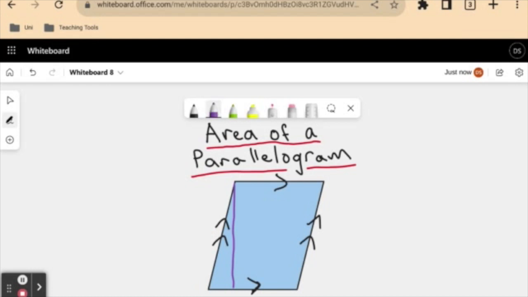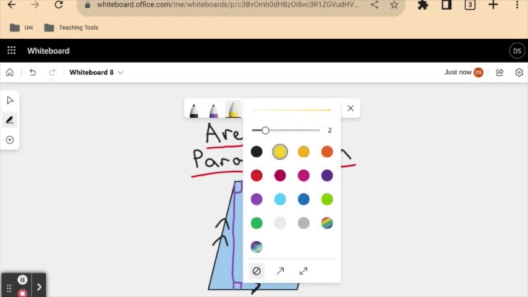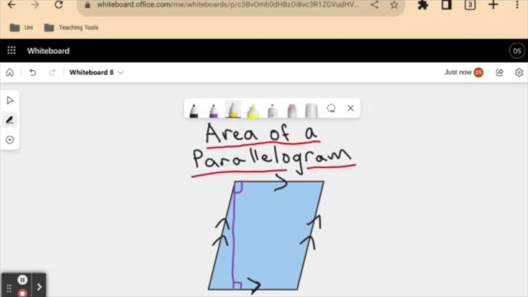By perpendicular, we mean, if you watched the videos on angle geometry, that they essentially just make a 90-degree angle here. So, we've made a straight line going from this top corner all the way down, which is perpendicular to these two sides. And I'm just going to shade in this area here. We have this little triangle here.